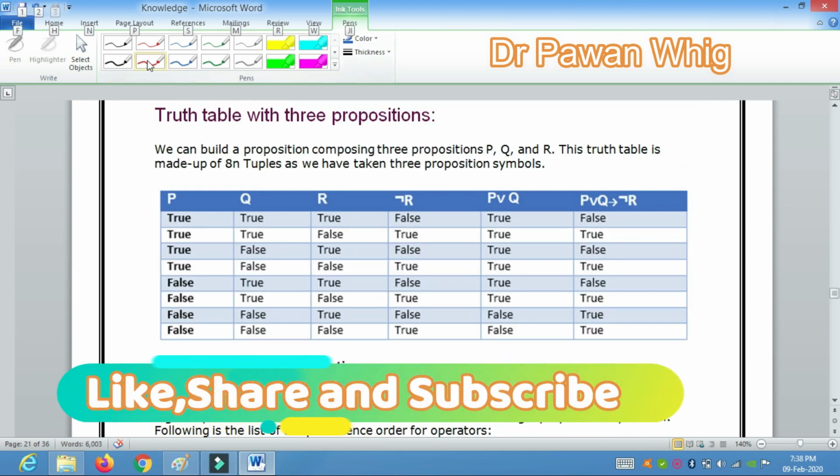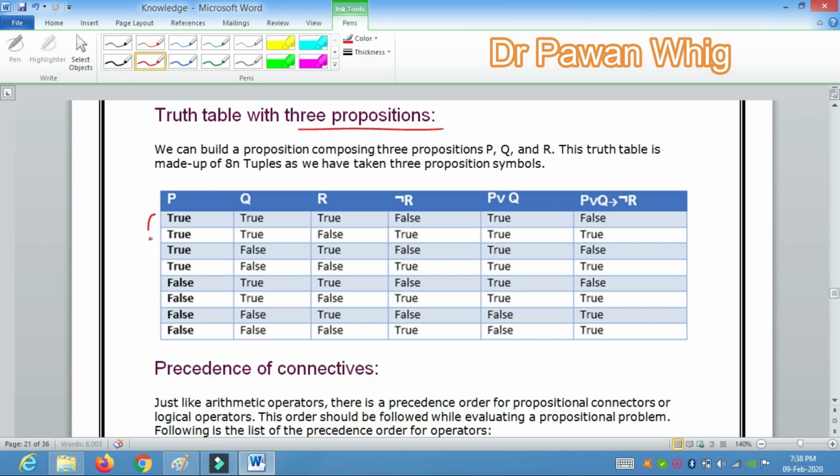Mind it, for constructing a truth table for 3 variables, you have to make it 4T 4F, then 2T 2F, then 1T 1F. Likewise, this is the way to construct a truth table. Then negate R, P or Q, whatsoever is asked, you can compute it very easily, because for negate R you just have to negate this R. For whatsoever value of true, you make it false.